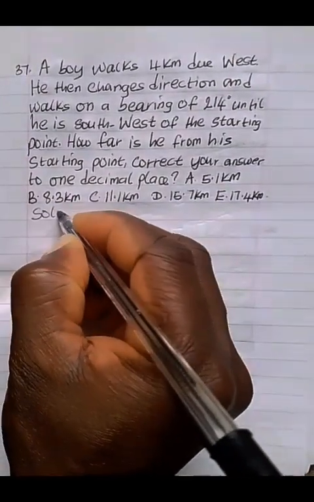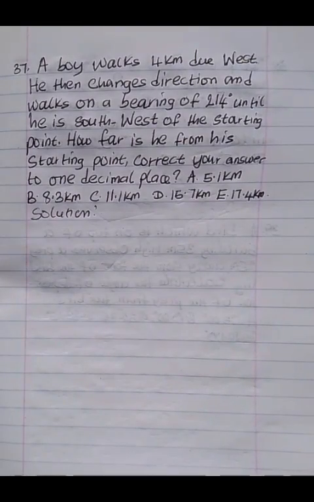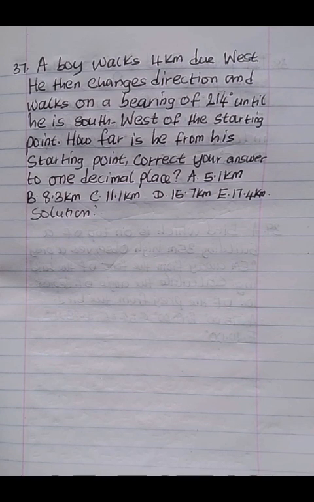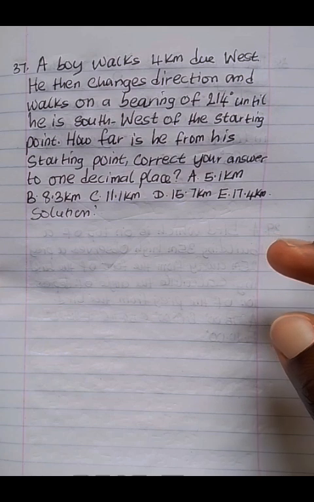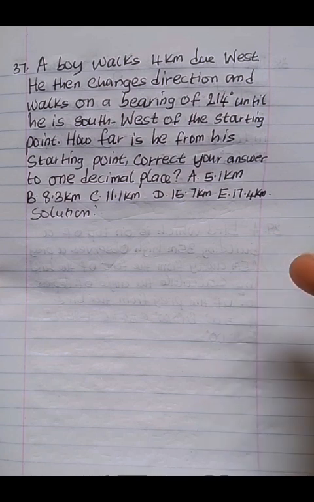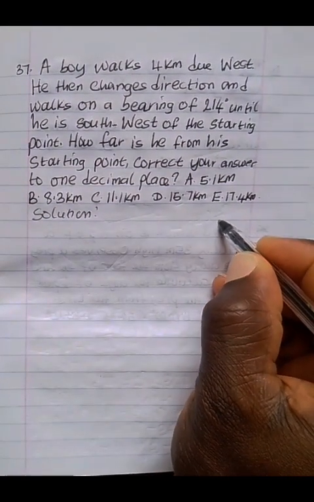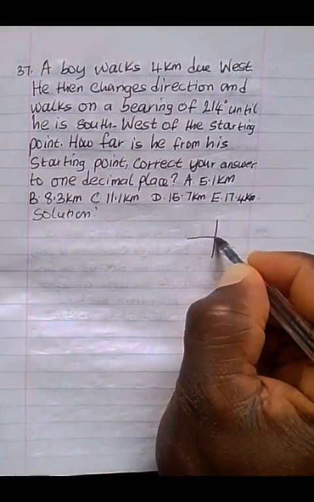Let's take the solution. A boy walks 4 kilometers due west, which means the boy must be at the left margin, because going towards the west is left. Okay, so let's take somewhere here as the starting point.